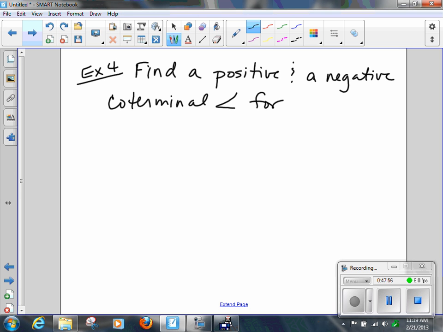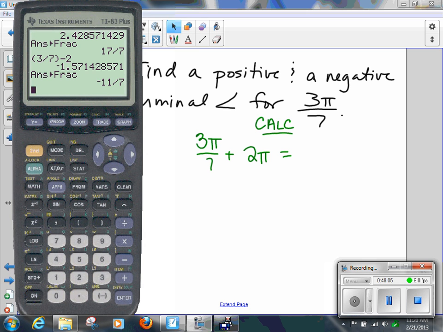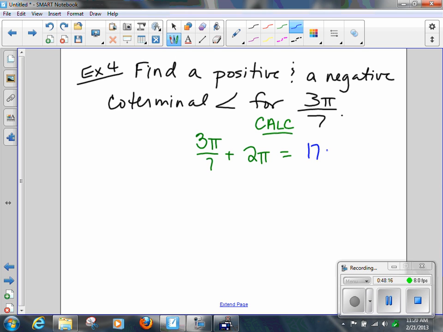Find a positive and a negative coterminal angle for 3 pi over 7. This is where some of y'all will blow that calculator up. How many of you used your calculator, just out of curiosity? All right, that's all good. 3 pi over 7 plus 2 pi. Did you guys get 17 pi over 7 in your calculator?